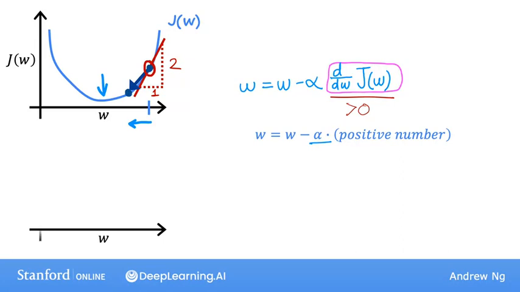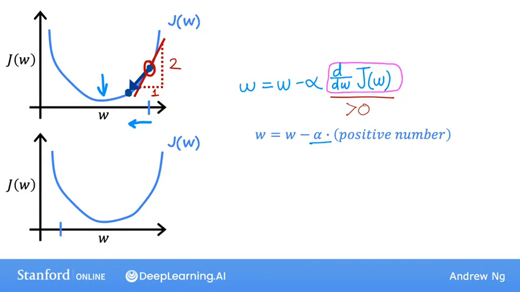Now, let's look at another example. Let's take the same function J of w as above, and now let's say that you initialize gradient descent at a different location, say by choosing a starting value for w that's over here on the left. So that's this point on the function J. Now, the derivative term, remember, is d over dw of J of w. When we look at the tangent line at this point over here, the slope of this line is the derivative of J at this point.